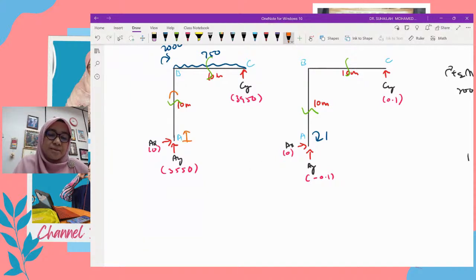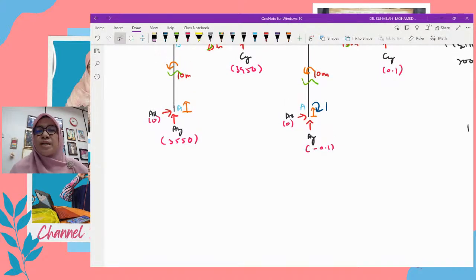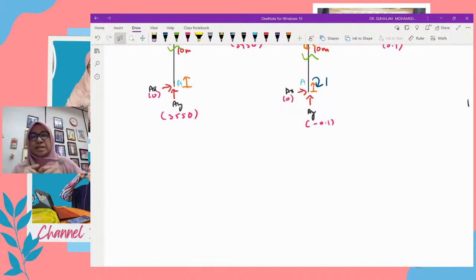Okay, we will get counterclockwise for both. Yes, this is when A is the origin. When B is the origin, the moment is the other way. If this is counterclockwise, the other one is clockwise. The concept of the moment equation is that when we combine back the sections that we cut, we get 0.